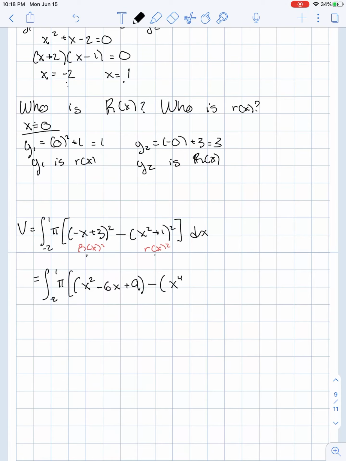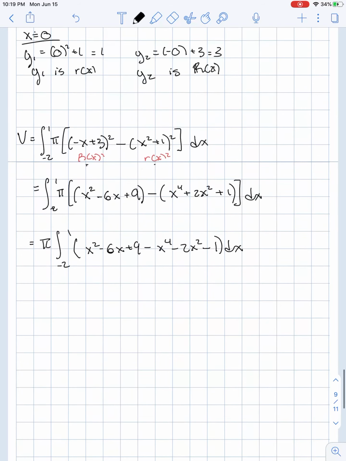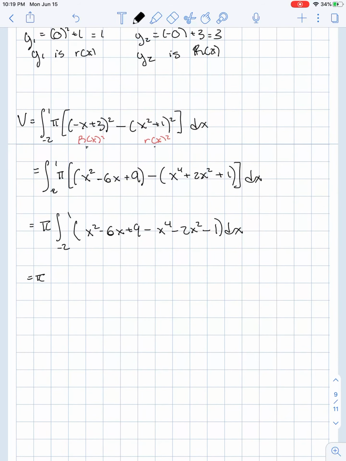So then we're going to have x to the 4th plus 2x squared plus 1, dx. I'll pull that pi out later, I don't need it right now. So the integral from -2 to 1 of x squared minus 6x plus 9 minus x to the 4th minus 2x squared minus 1 dx.